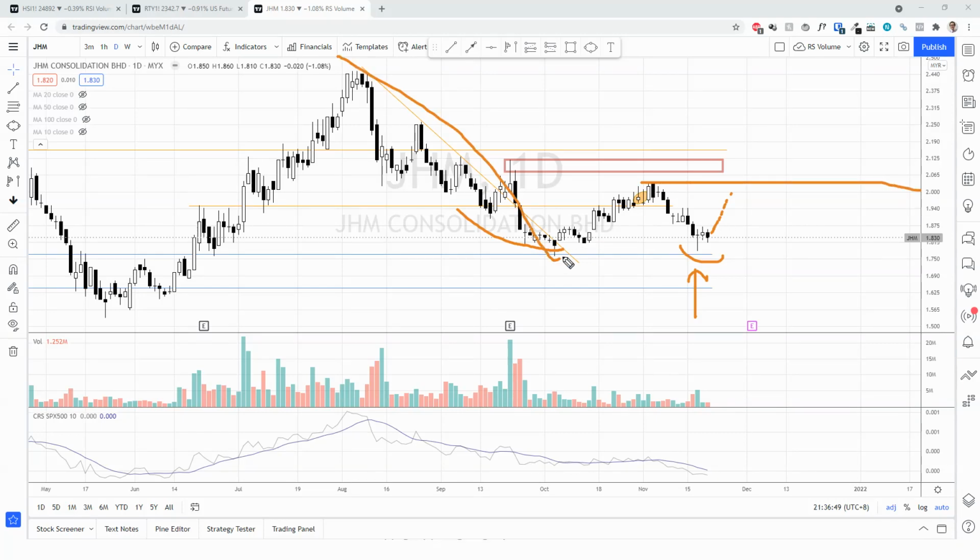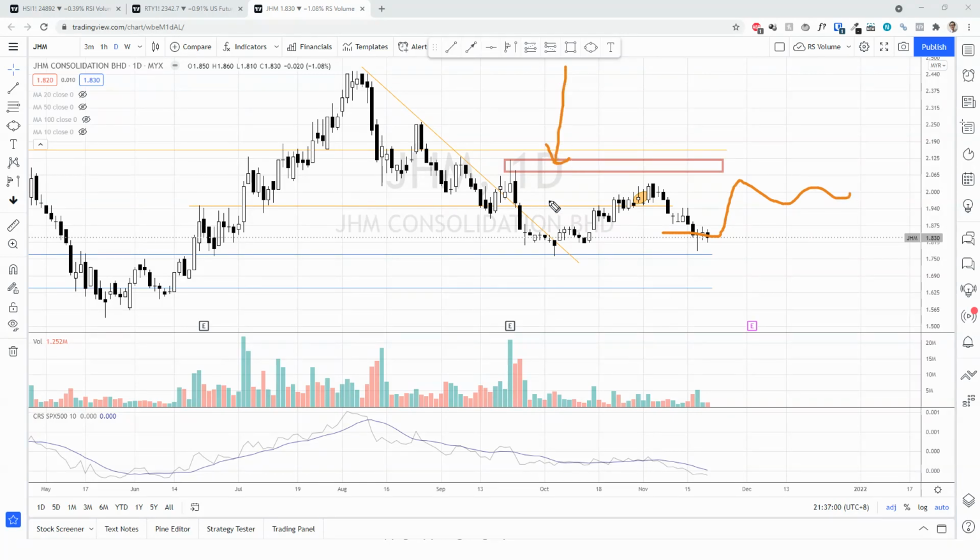So this is the structure that we can probably anticipate, and until it settles, then it might just initiate a breakout. The red box here is the supply zone. I definitely need to see commitment above, a breakout above, so that it can travel to test the all-time high of 2.44. So that's JHM.